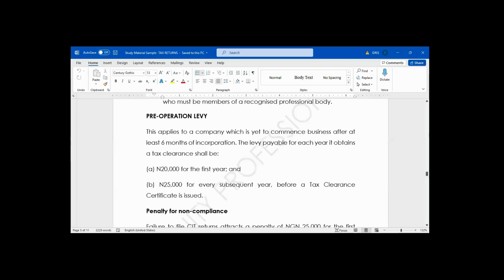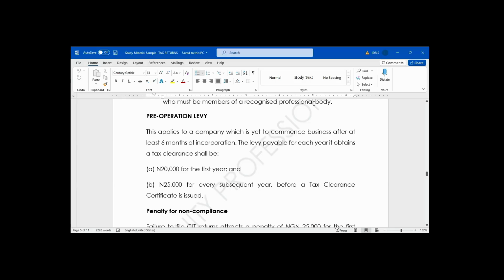I'm talking about pre-incorporation levy. If you are here to commence a business, and you are a company, you are incorporated, you will pay a pre-incorporation levy. For this pre-incorporation levy, it is 20,000 for the first year, while 25,000 for every subsequent year. That is on pre-incorporation levy.